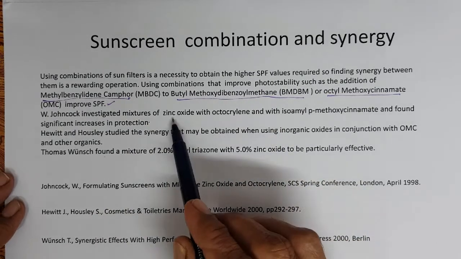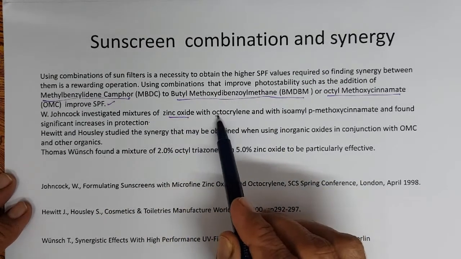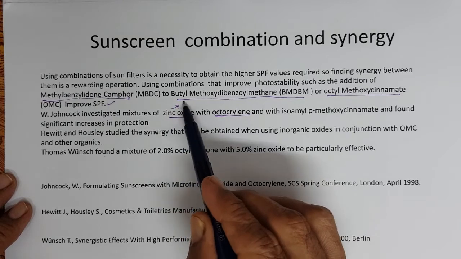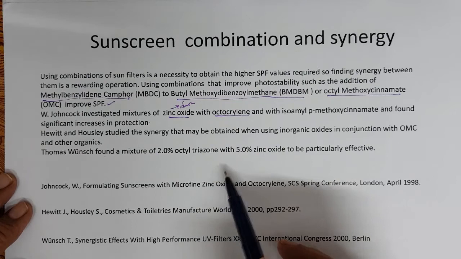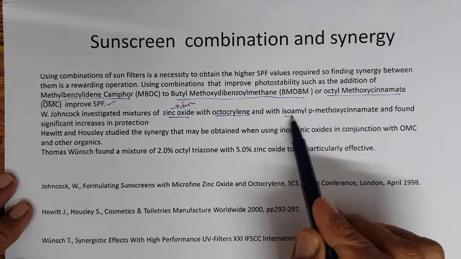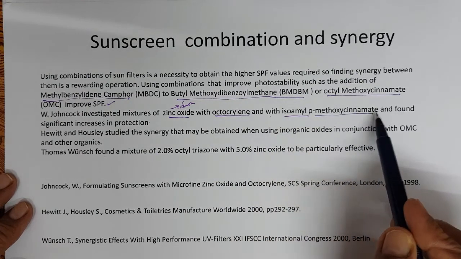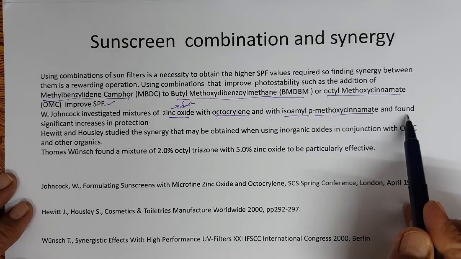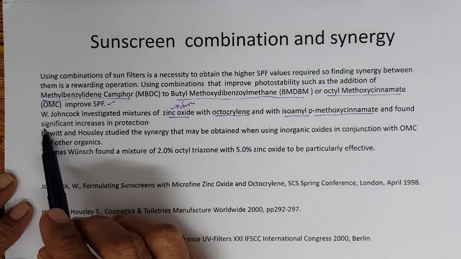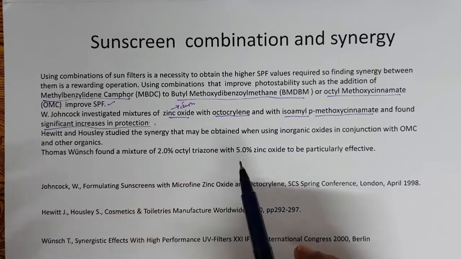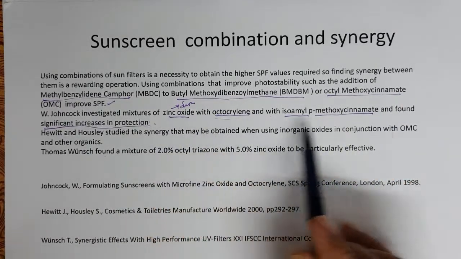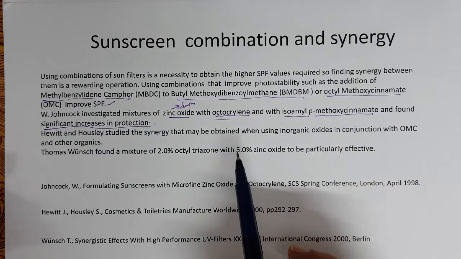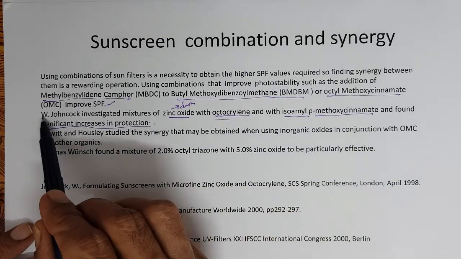Right? Zinc oxide, sunscreen grade zinc oxide with octocrylene and with isoamyl p-methoxycinnamate was found to significantly increase protection. This mixture is very synergistic.